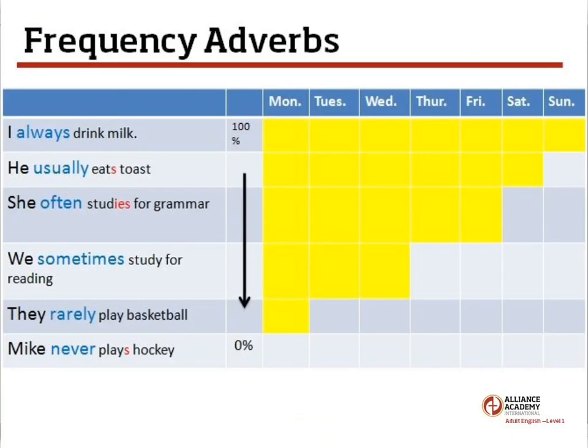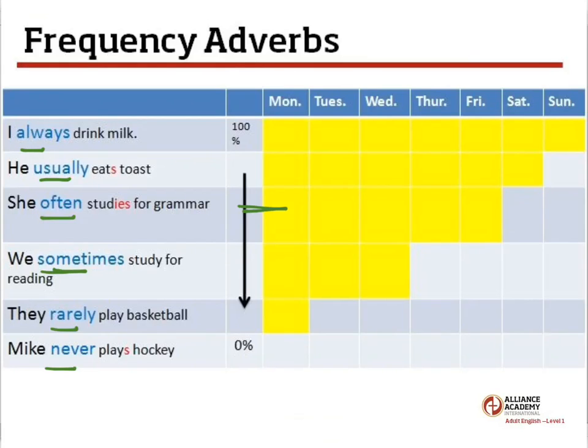Let's look at the frequency of these adverbs. Always is como siempre. Usually, I think, would be como usualmente. Often, I don't know in Spanish, but it's somewhere in the middle, right? We often go to the beach. Sometimes is very similar to often. Rarely is como casi nunca, right? And never would be como nunca.